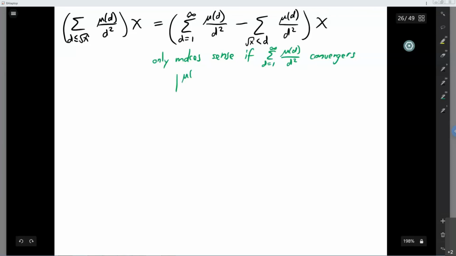But we can say that this sum converges because we know the Mobius function is only ever equal to 1, minus 1, or 0. So we can use the comparison theorem on series to compare it to the sum of 1 over d squared. This converges by comparison.